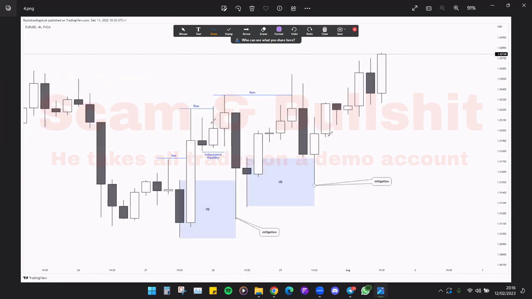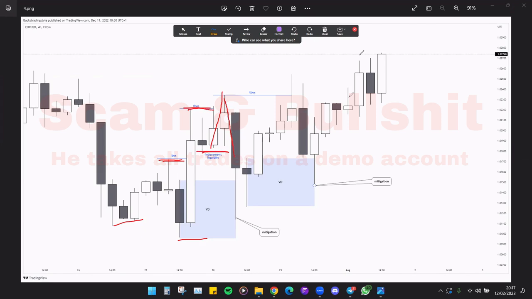Okay. So what we have right here, we have this structure point, this structure point. This becomes a fake break of structure right here. This becomes our inducement liquidity ILQ, right? So when price went up to take out the fake break of structure high, it then came down to induce this low. So this becomes our ILQ, right?